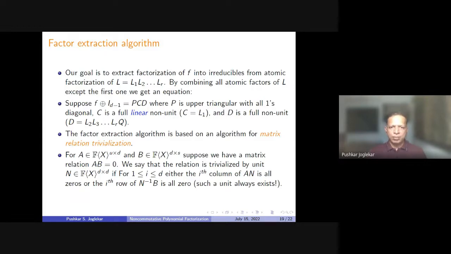Let A and B be two polynomial matrices which are possibly rectangular and which satisfy the relation AB equal to 0. We say that the relation is trivialized by unit N if for every index i, either the ith column of AN is all 0 or the ith row of N inverse B is all 0.